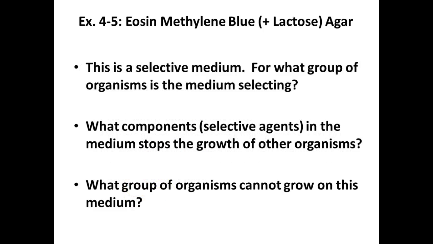So what are we selecting for? Gram negatives, right? Because we just said coliforms are gram negatives, right? So we want gram negatives to grow. But what in the media is inhibiting, what's toxic to most of the gram positives? And notice I said most of the gram positives.